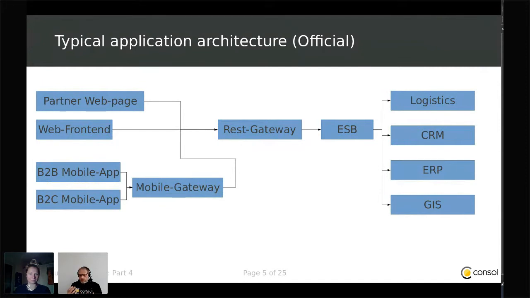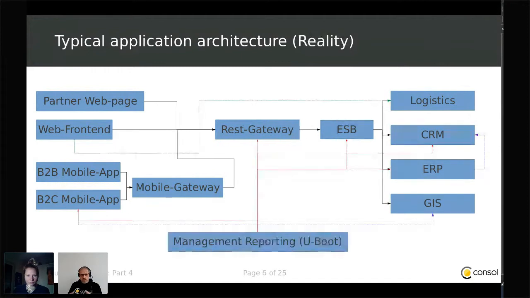But what's happening if you look behind the scenes, you see that not everything is as clear as you would like to have it. Here, you have everything very easy, very streamlined. But if you look at the reality, it looks more like this. You have a front end which is talking to logistic systems because they need to give a customer a very quick answer, and the REST gateway or the ESB might be too slow for that.